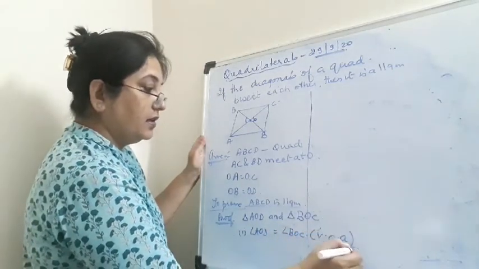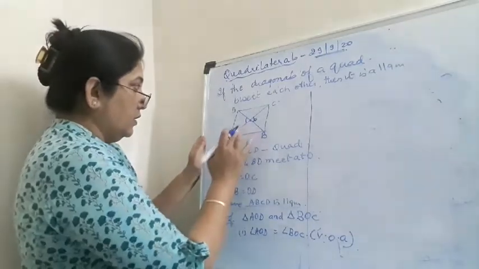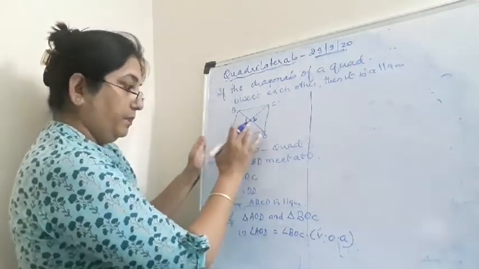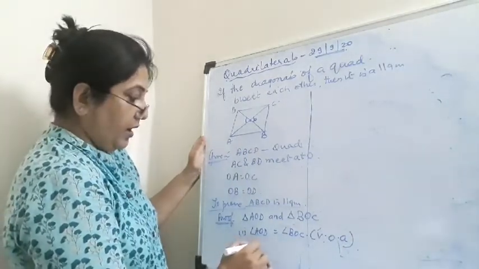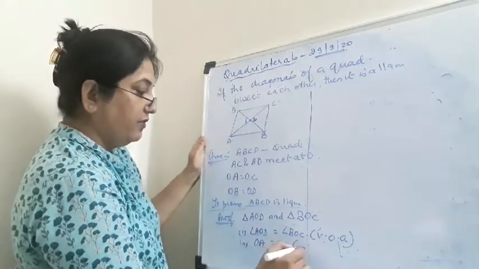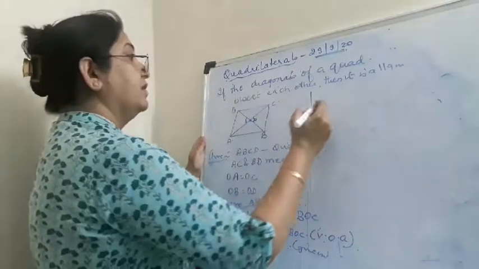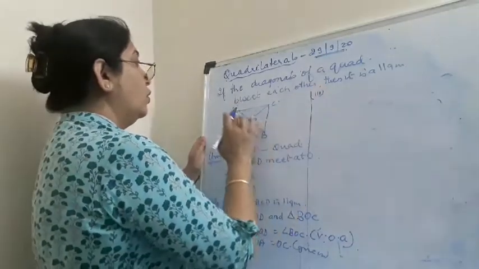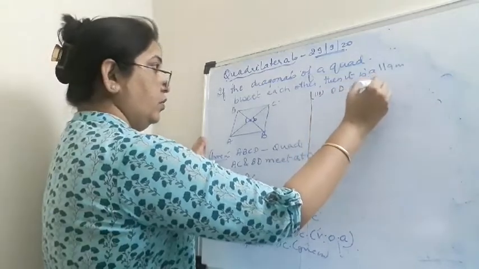Vertically opposite angles are equal. Now we know that OA, can you see? OA is equal to OC. Second point given. Okay. OA is equal to OC, and the third part will be OD is equal to OB.